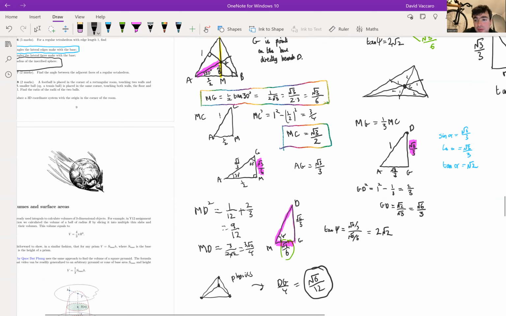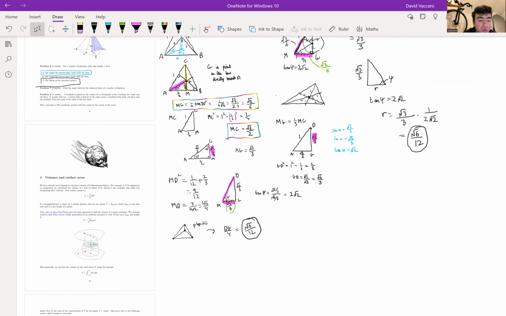Okay, so obviously the angle chasing, the drawing the right-angled triangles, is very classical, but a little bit of intuition also goes quite a long way.